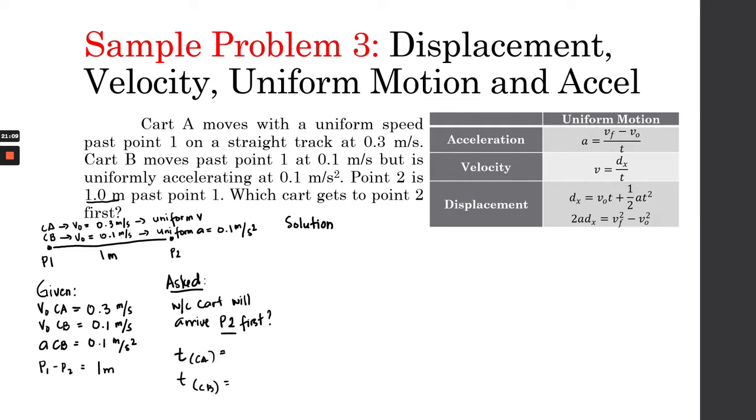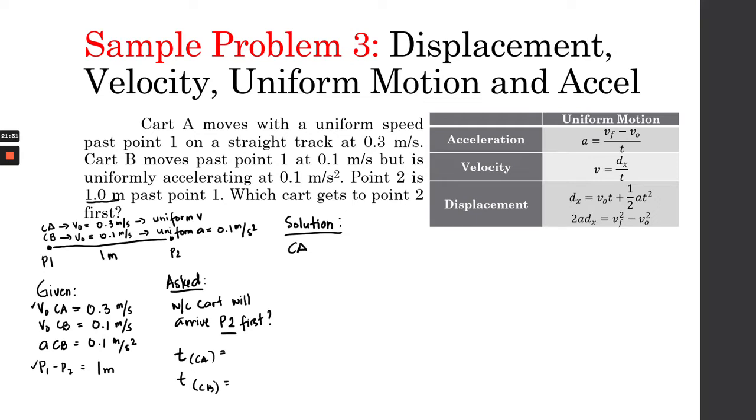So let's begin with cart A. We were given the initial velocity of cart A. We were given the displacement, how far cart A traveled. And what we're looking for is the time.